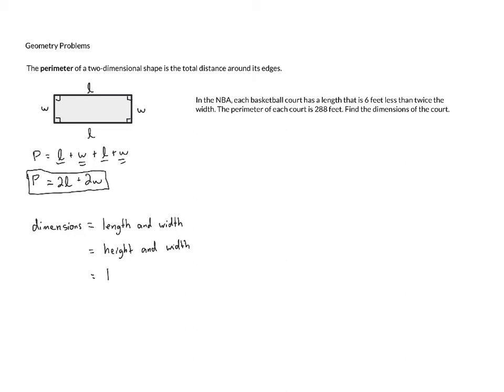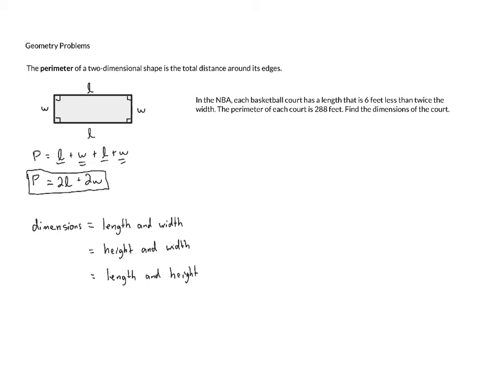We might actually have length and height. There's different possibilities here depending on the words that we're using, but in general, when we're asked for the dimensions, we want to know what is the length, what is the width, what is the height. Any distance that is named in general is a dimension.